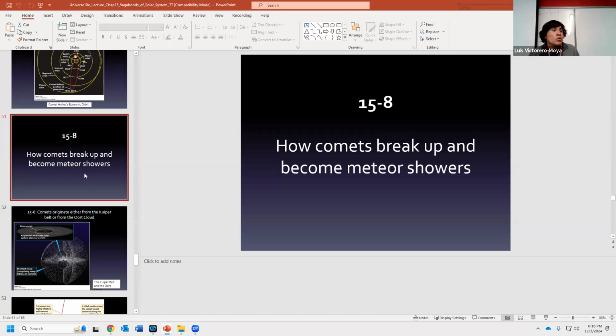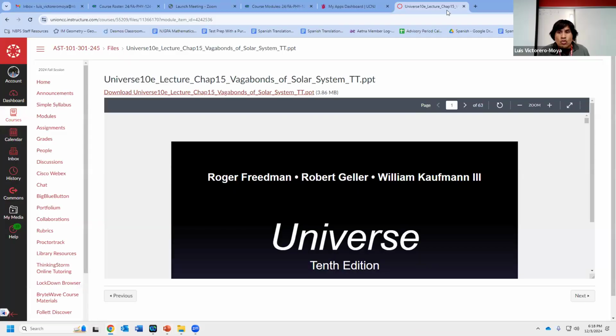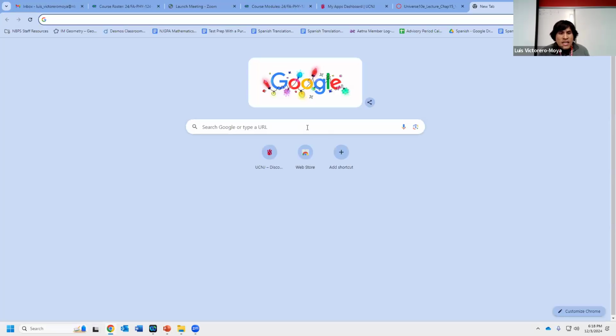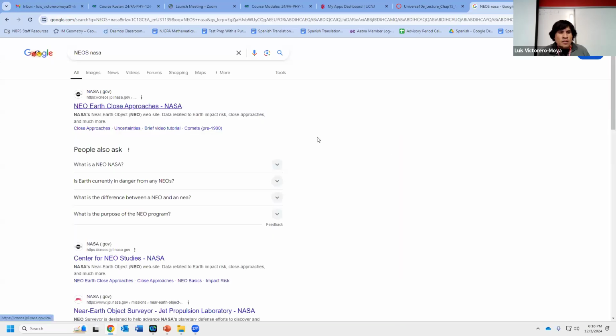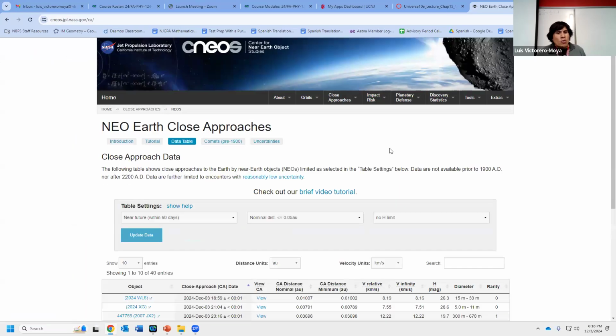They are very obscure. They don't have a tail. So it's hard to track them, which is why NASA has a whole program to track near-Earth objects, right?